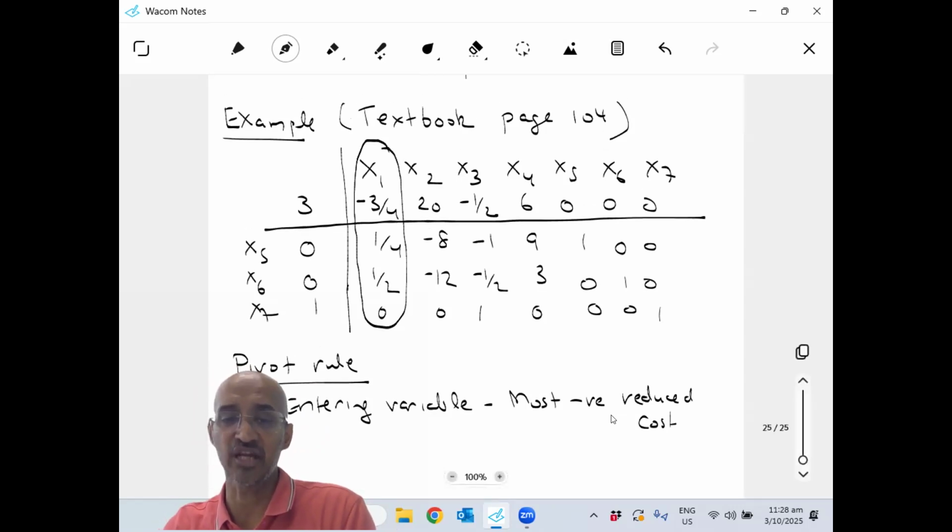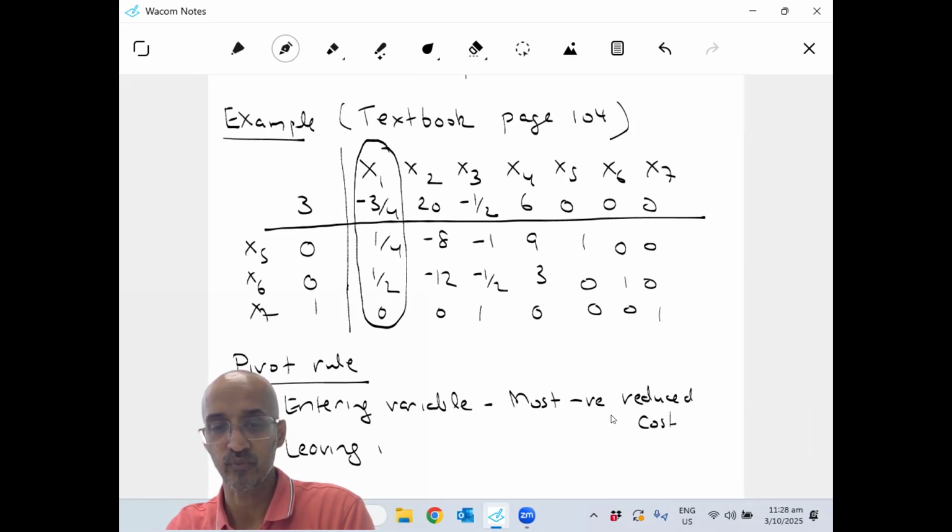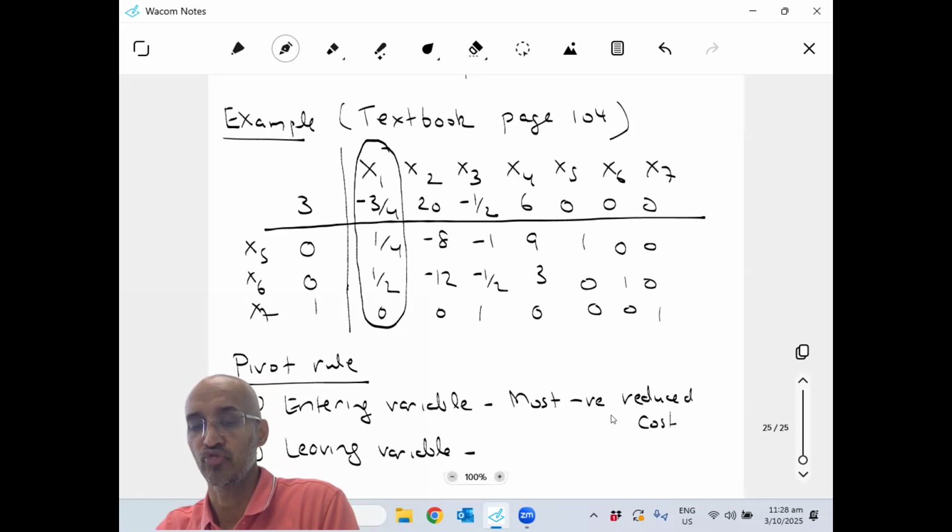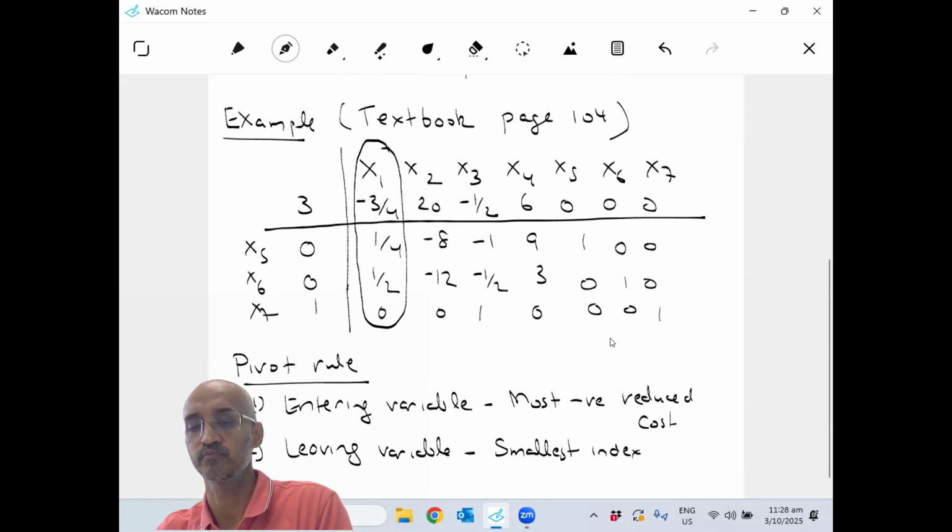And my leaving variable rule is the smallest index variable that attains the minimum in the ratio test.